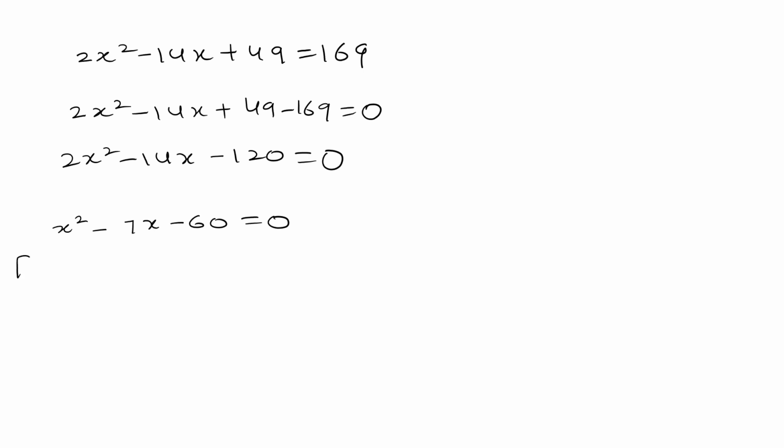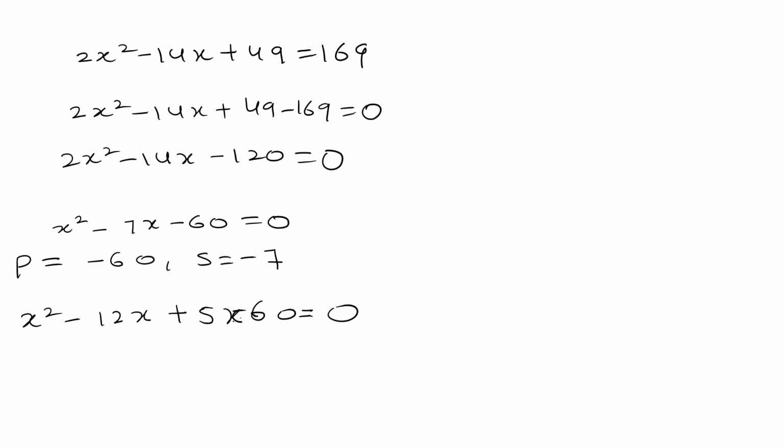Now here, if you see, product is minus 60 and sum should be minus 7. So we have two numbers, 12 and 5. One number we can select 12 and another number 5. Now from the first two terms we can take x common, and from these two terms we can take 5 common.